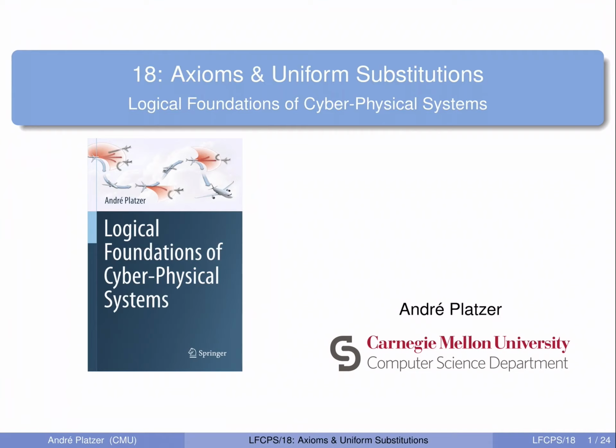So what's missing is a way of taking such an axiom and then instantiating it. And that is where Alonzo Church's uniform substitutions come in, which provide a mechanism, originally for first-order logic, of instantiating predicate symbols by formulas, and then checking the required conditions along the way to make sure that that instantiation was sound.